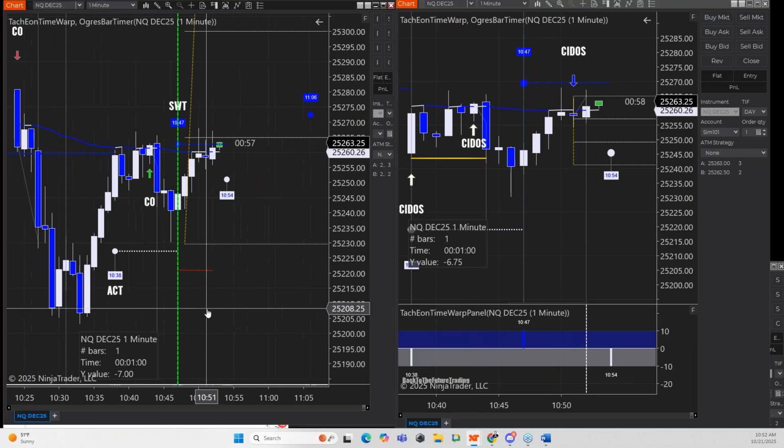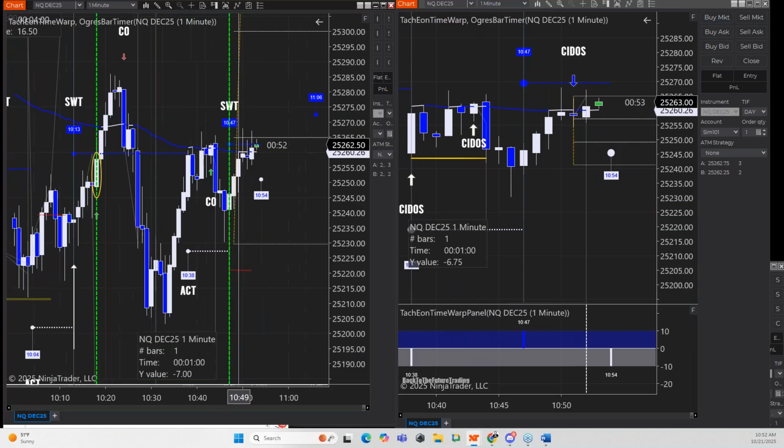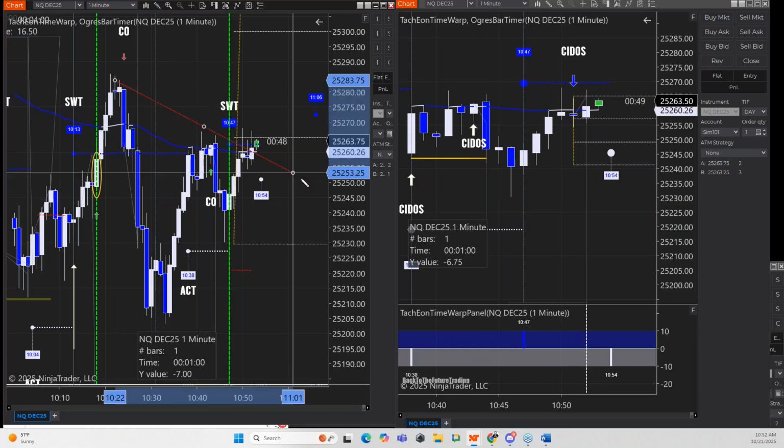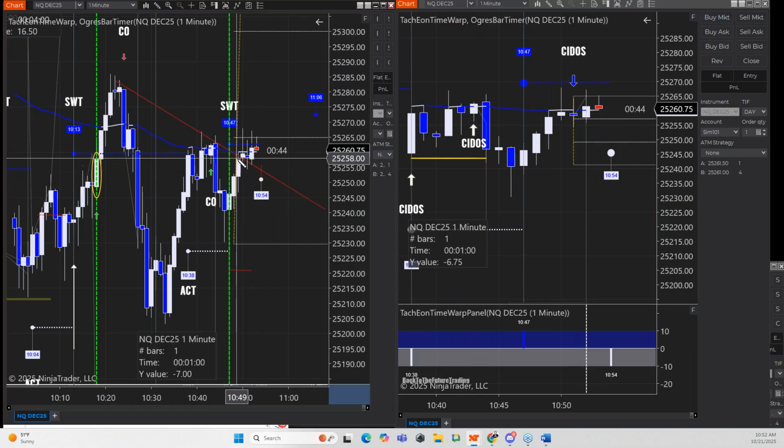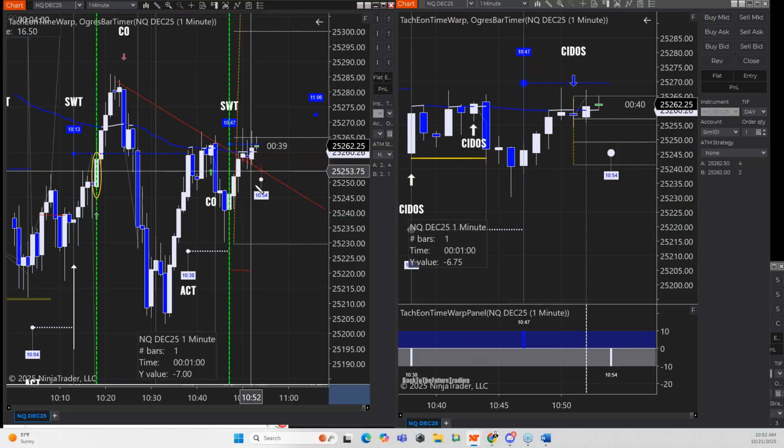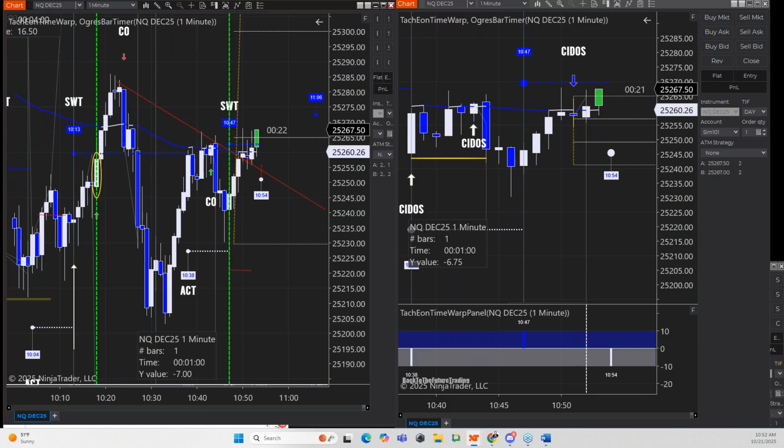No CDOS. 1040, 1054 is coming next. Trigger candle right here, level 4, close above emerging trend line. 10:54 coming on the NQ.